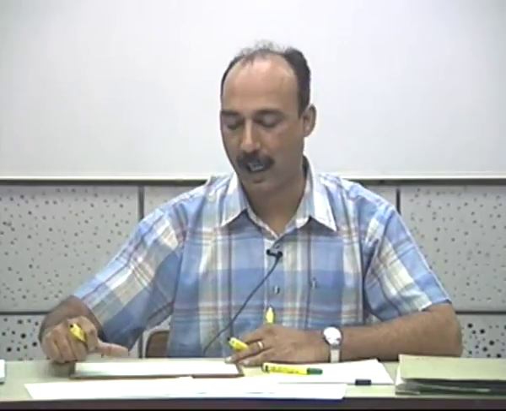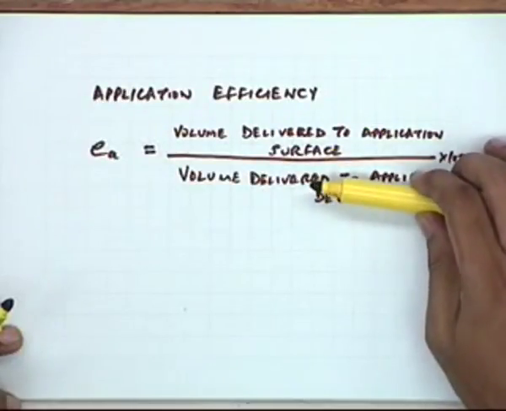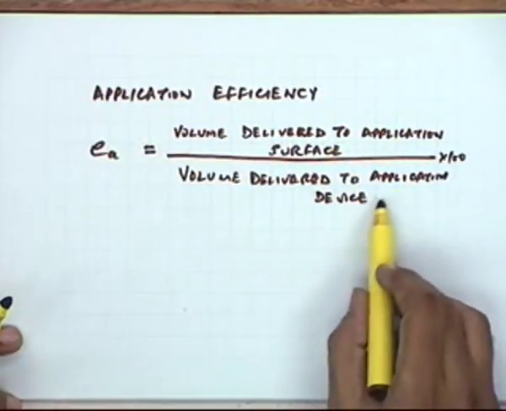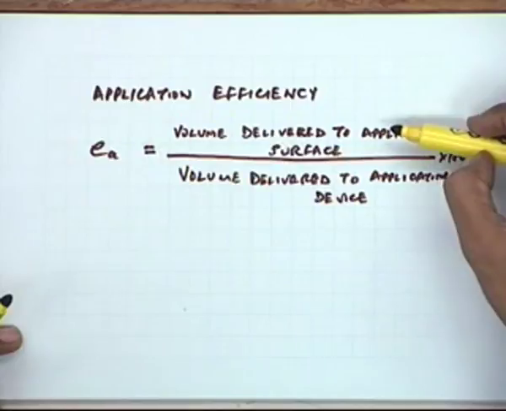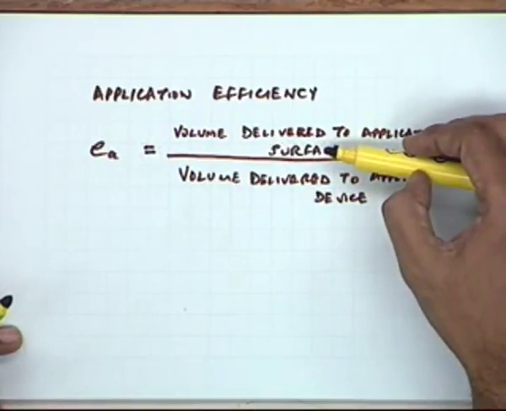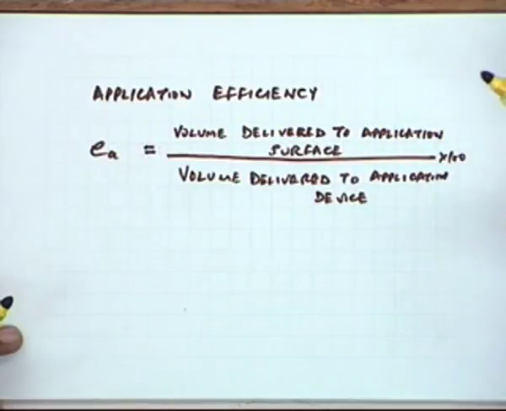So in that case the application efficiency can be very low, whereas the chances of the water getting applied onto the surface using the conventional surface irrigation methods, where you are using the gravity flow, the level of application efficiency can be comparatively higher. Okay. So this will give you an idea that between that level of the application device and the level of application surface or the field, what is the amount of loss which is taking place.